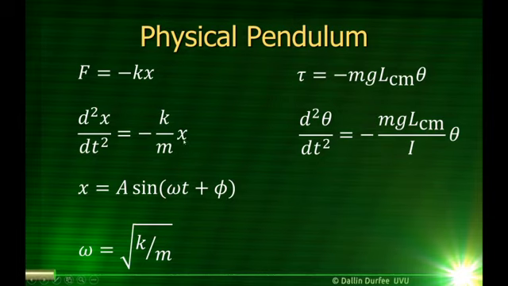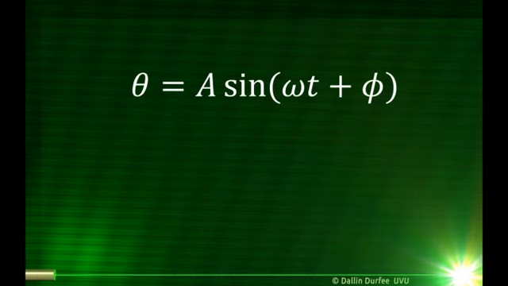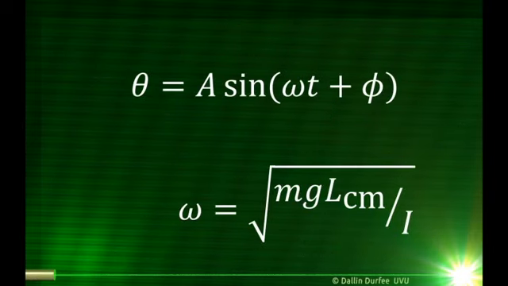And instead of multiplying our function by the constant negative k over m, we multiply by the constant negative mg L center of mass over I. So our solution is going to be the same, but with omega, our angular frequency, being the square root of mg L center of mass over I.